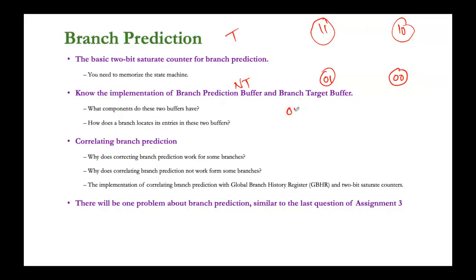Suppose the state is 0 0 and your actual branch outcome is given as taken, taken, taken, taken, taken, not taken, then taken, not taken.